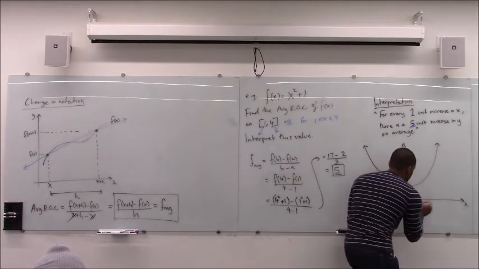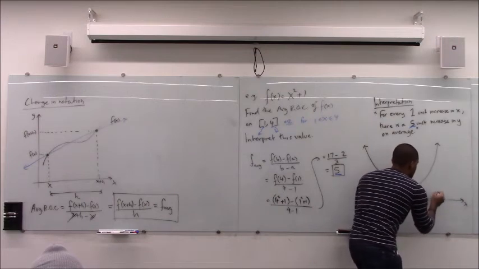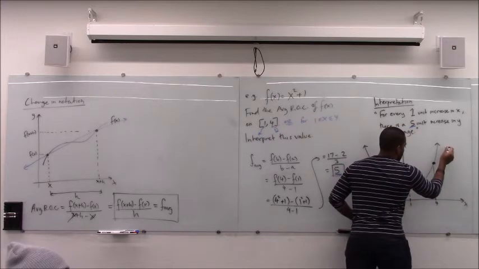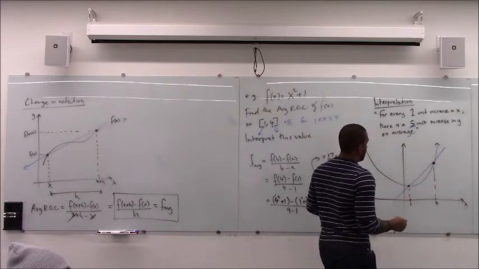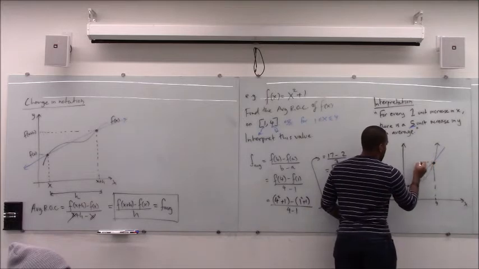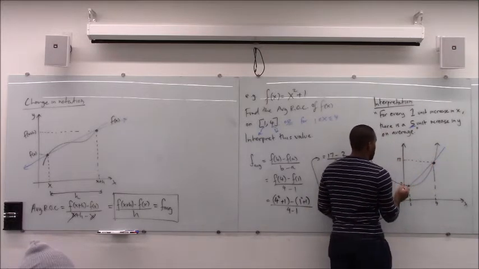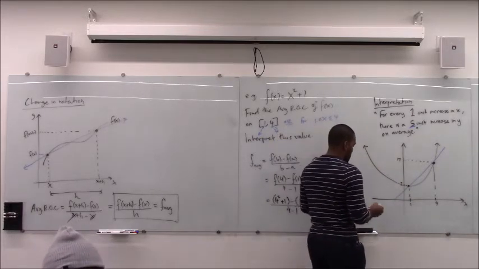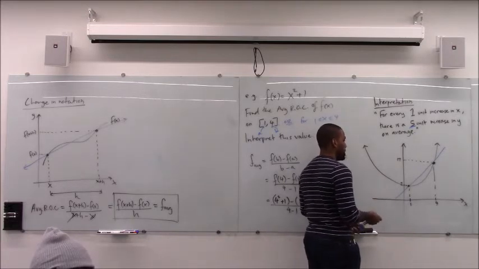And if I look at 1 versus 4, it's here, here. So this is the line here. So this is at 17. This is at 2. Now, the average rate of change, remember, is measuring the blue line, the secant line.